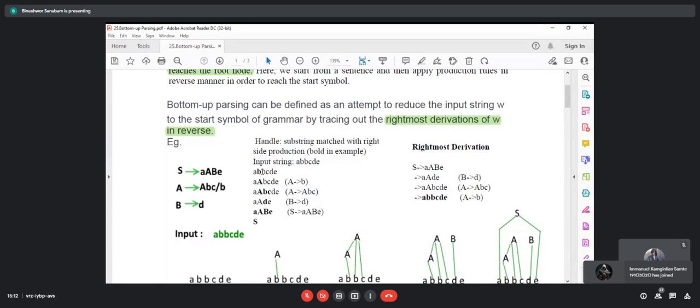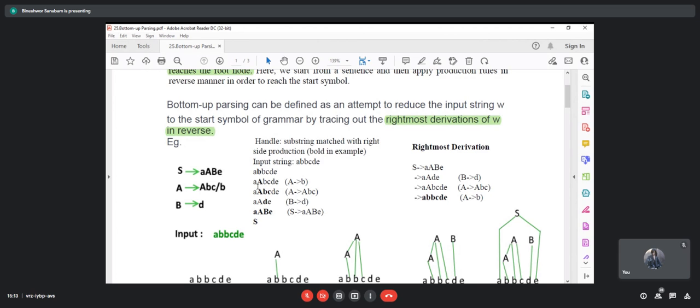So in the first step, we derive the small letter b to the capital letter A using this production. Whatever is highlighted or bold in the string, we derive it. So instead of b, we use A using the production A implies b.